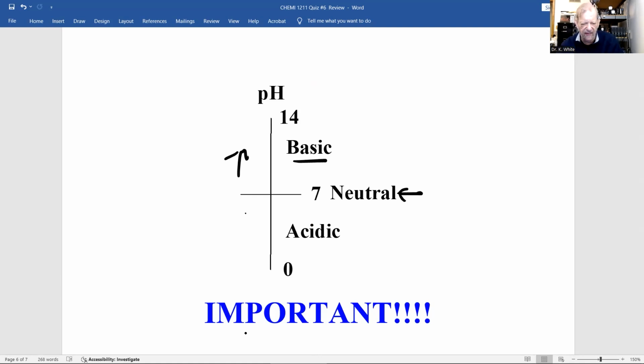Anything below 7 is an acidic solution. If you have a neutral solution and you add an acid, the pH goes down. If you have a neutral solution, you add a base, the pH increases, it goes up. And you should know that. Hold on, I better get subtle.